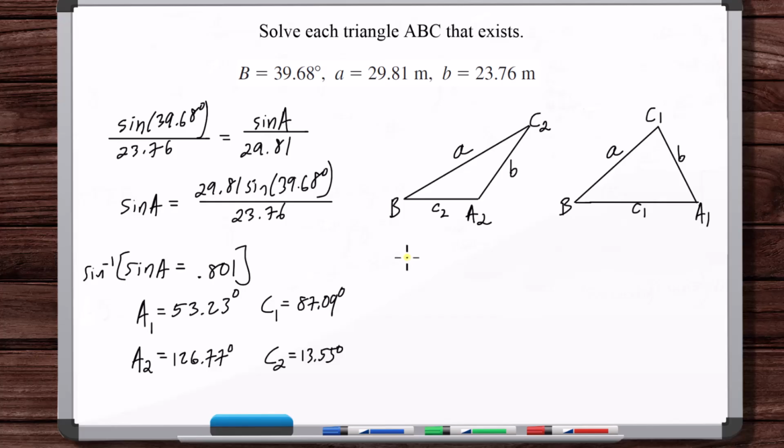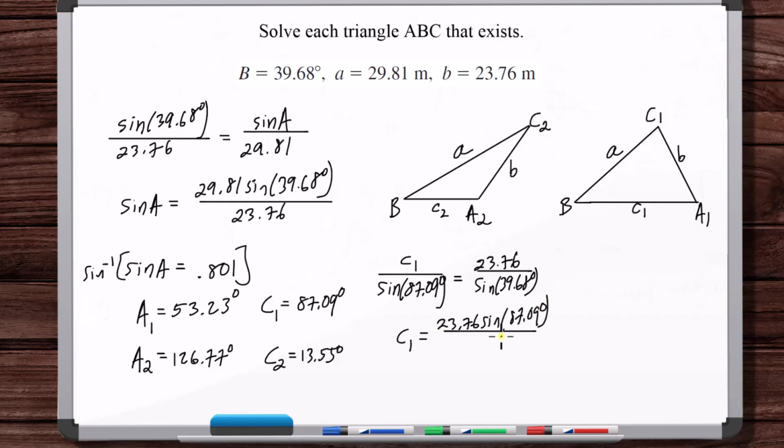So C1 divided by sine of 87.09 degrees is equal to 23.76 divided by sine of 39.68 degrees. So C1 is equal to 23.76 times sine of 87.09 degrees over sine of 39.68 degrees.